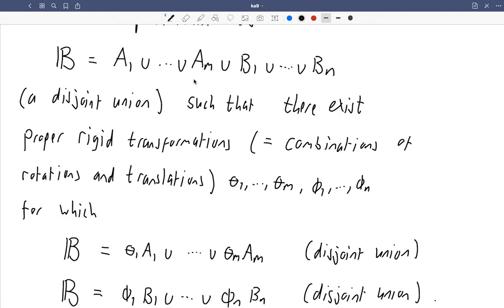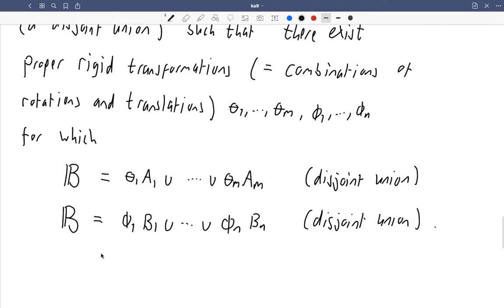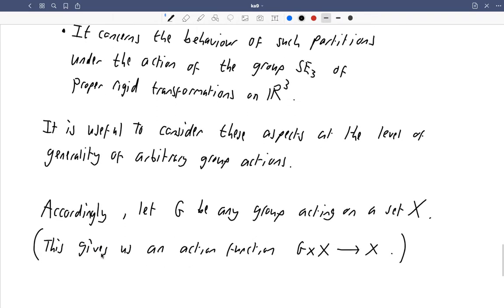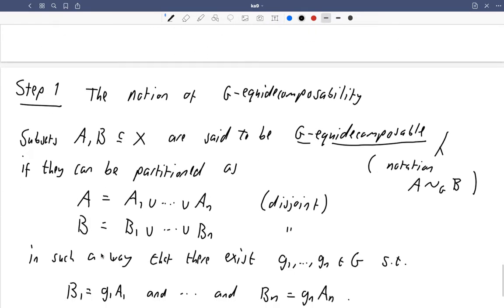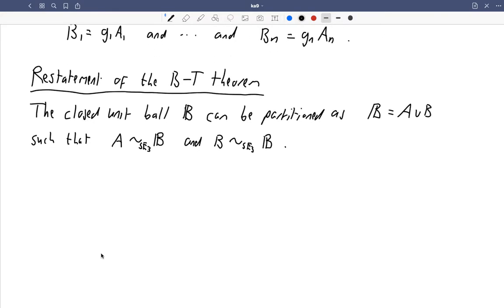A is divided into some finite number of pieces, B is divided into some other finite number of pieces, and each of those can be shifted along the proper rigid transformations so that they can be reassembled to give a partition of the whole ball B. Okay? So indeed this notion of G-equidecomposability gives a nice restatement of the BT theorem.